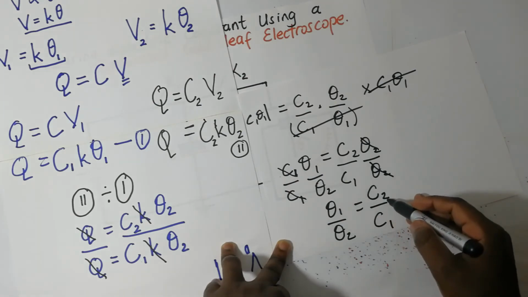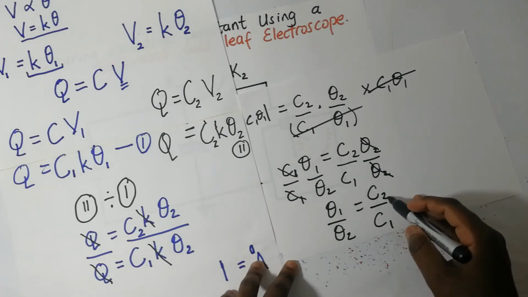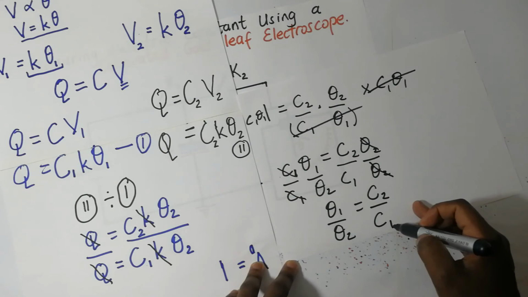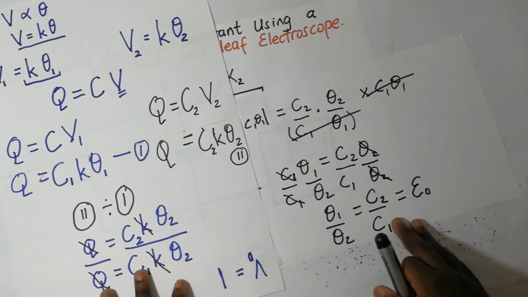Remember, C2 is the capacitance of the capacitor when there is a dielectric between the plates. C1 is the capacitance of the capacitor when there is no dielectric between the plates.